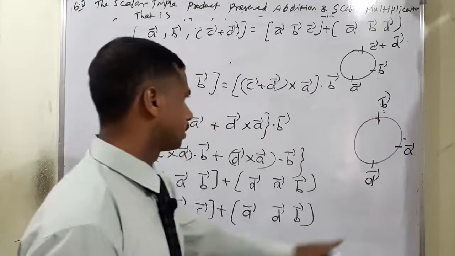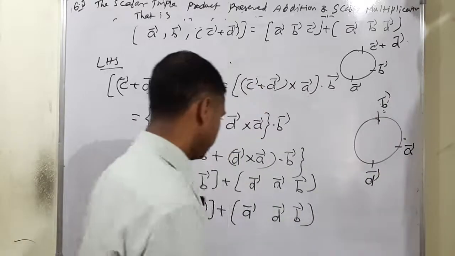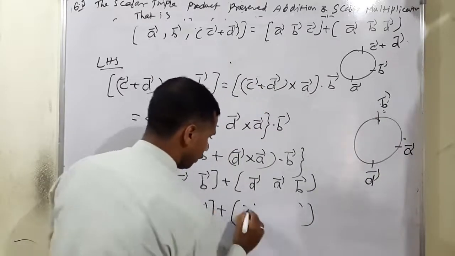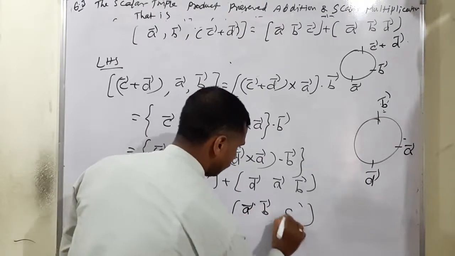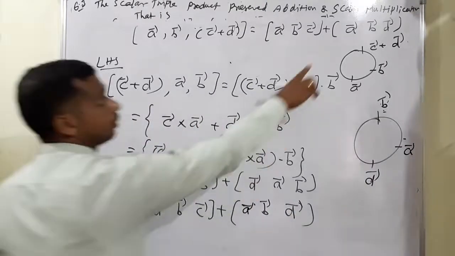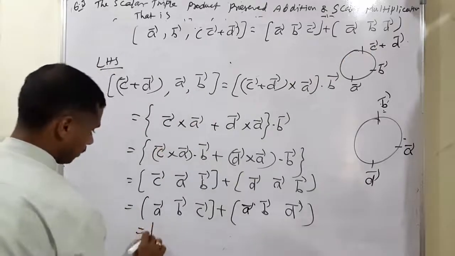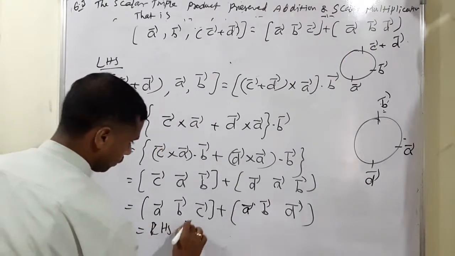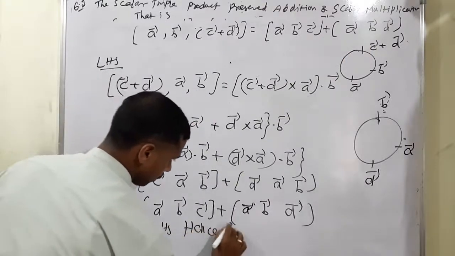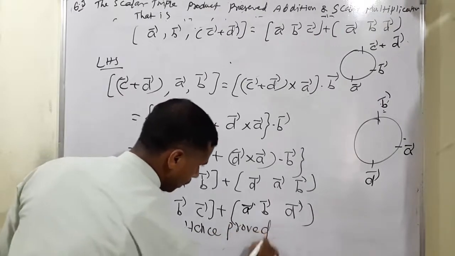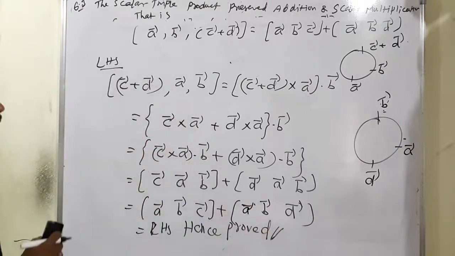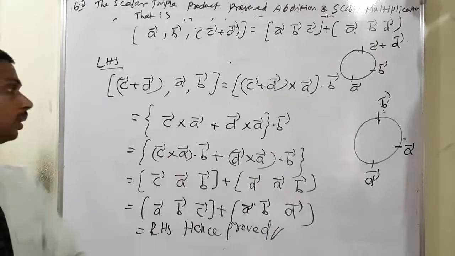Starting with A means A, B, D. Therefore, A vector, B vector and D vector. This is our RHS. So hence proved.